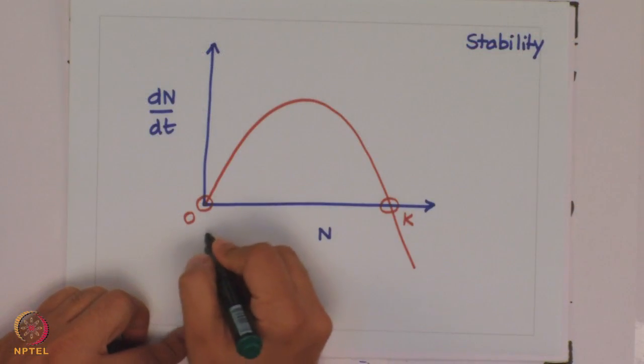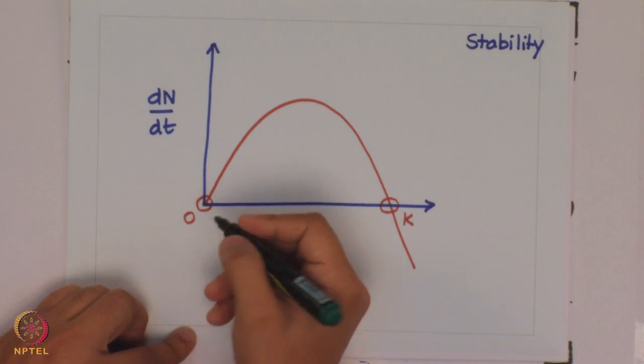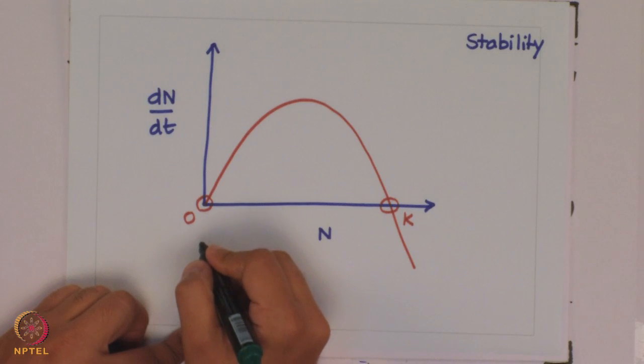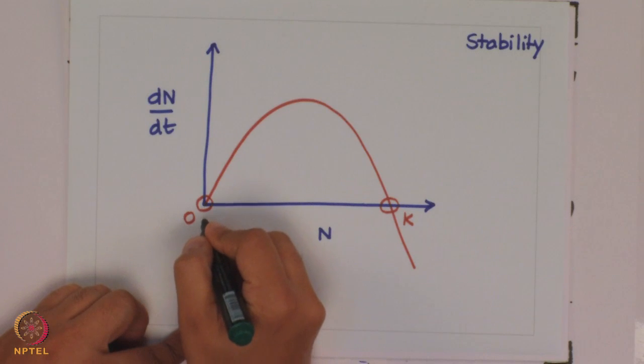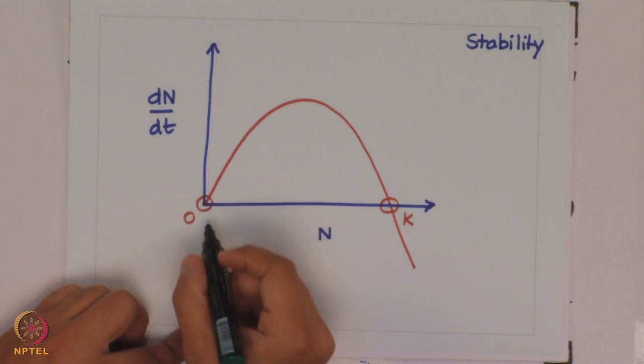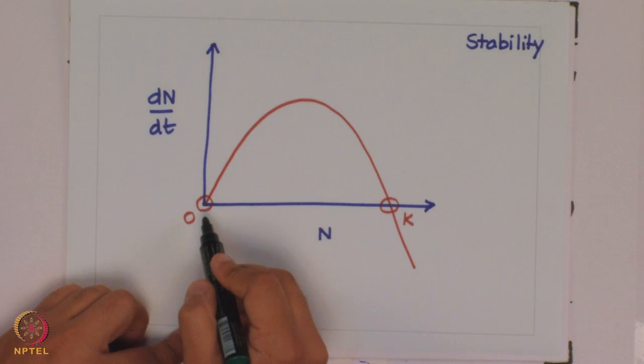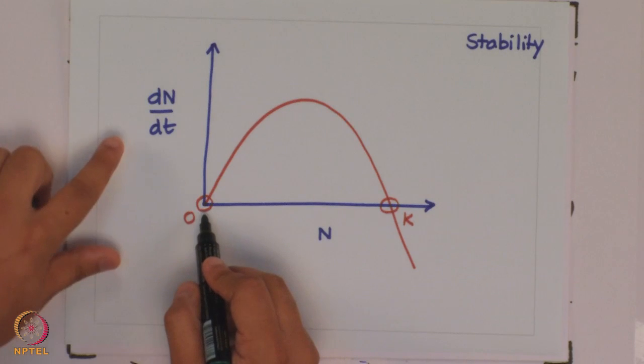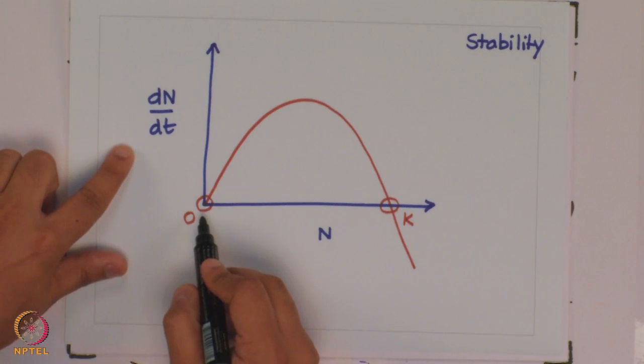Let us first look at the first steady state, which is n equal to 0. In this case, we want to comment on the stability. So, we apply a disturbance, which means we are operating at a situation where there are no bacteria. We are operating at n equal to 0, and we know that at n equal to 0, dn by dt is also equal to 0.